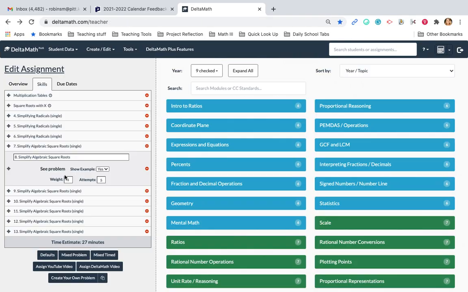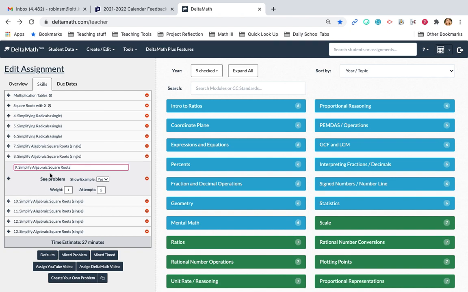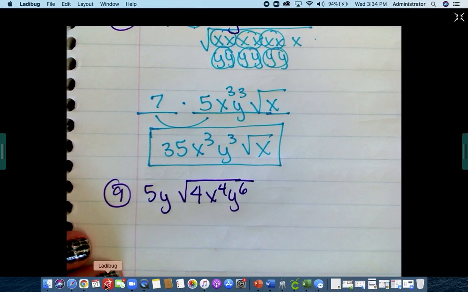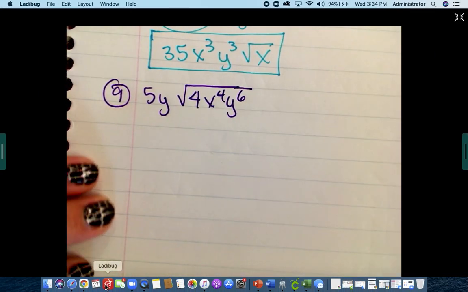So I'm going to do, let's see, one more, and then you'll have 4 of these to try on your own. I believe number 9, I have one with a variable out front. Yes, I do. Okay? All right, so for number 9, I've got 5y times the square root of 4, x to the 4th, y to the 6th. So I've written my problem out.